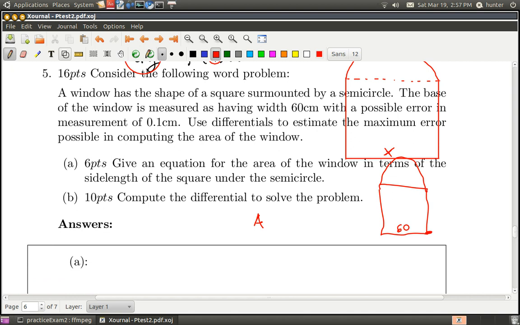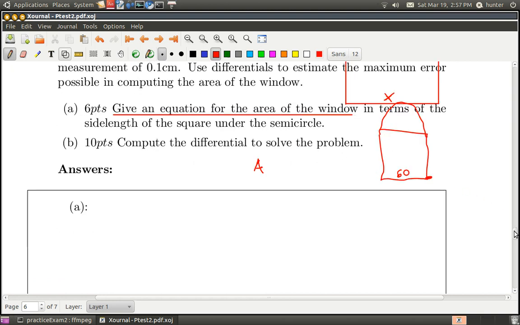Okay, so the first thing that we need to do is figure out an equation for the area of the window. So the area of the window is equal to, let's see, it's just going to be the square part plus the semicircle part. Okay, so how do I say that?